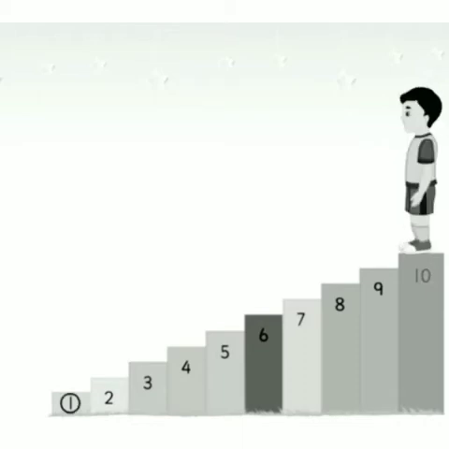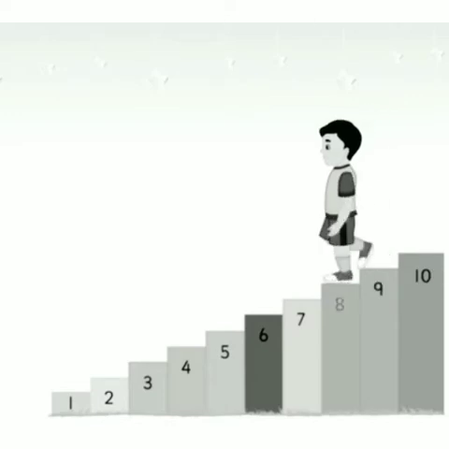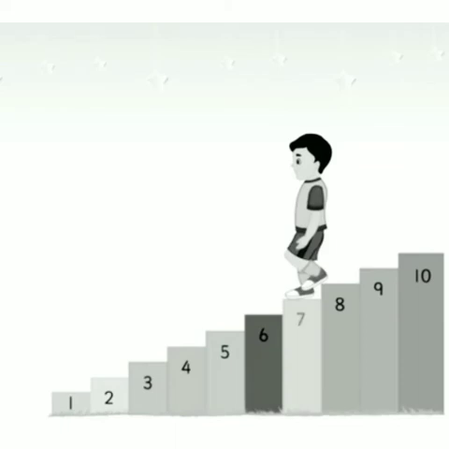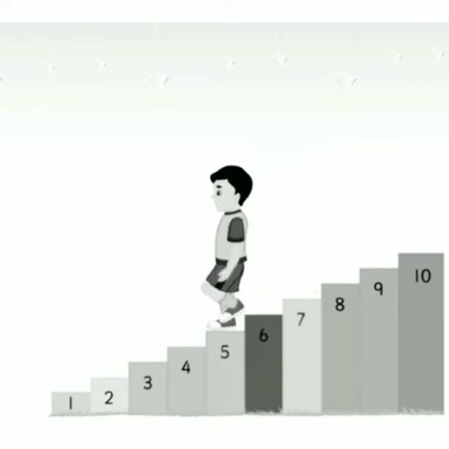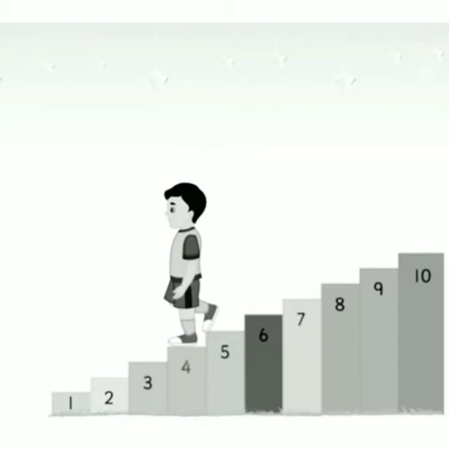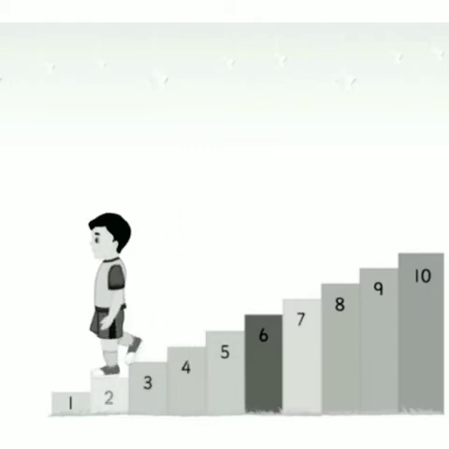Now he is on step number 10 and has to come down to step number 1. He comes down to step number 9, which brings him to a lower level. Then step number 8, 7, 6, 5, 4, 3, 2 and finally to step number 1.